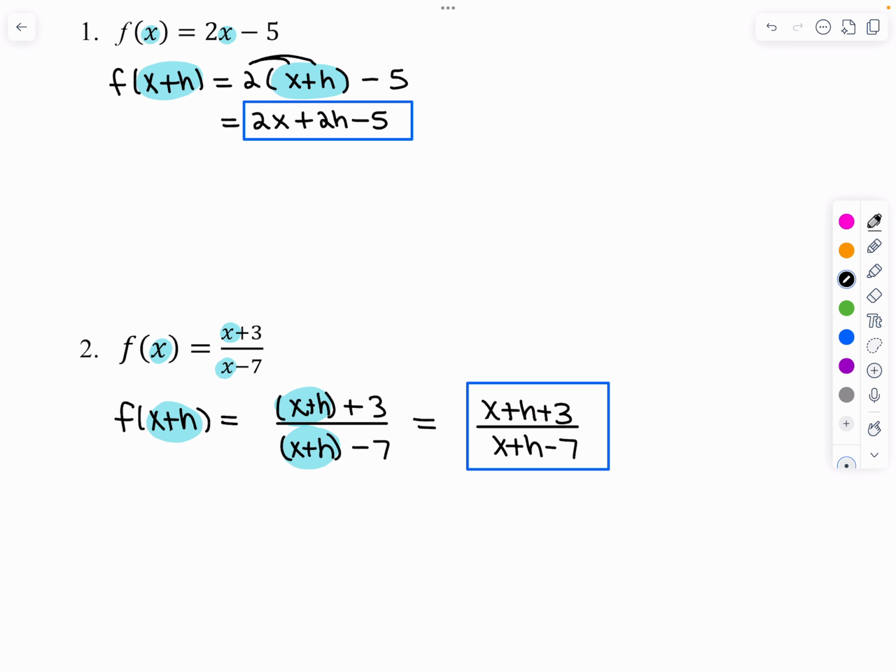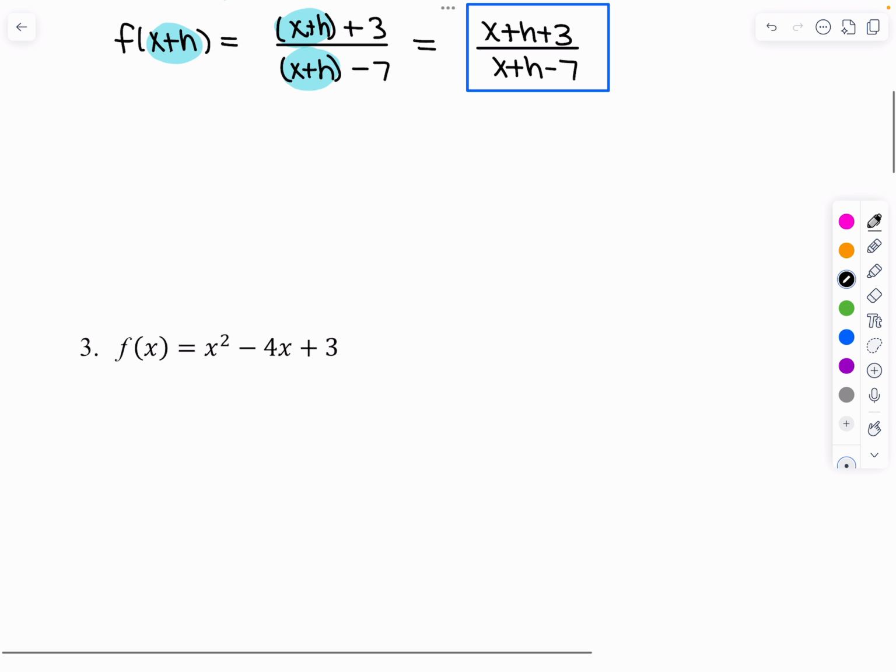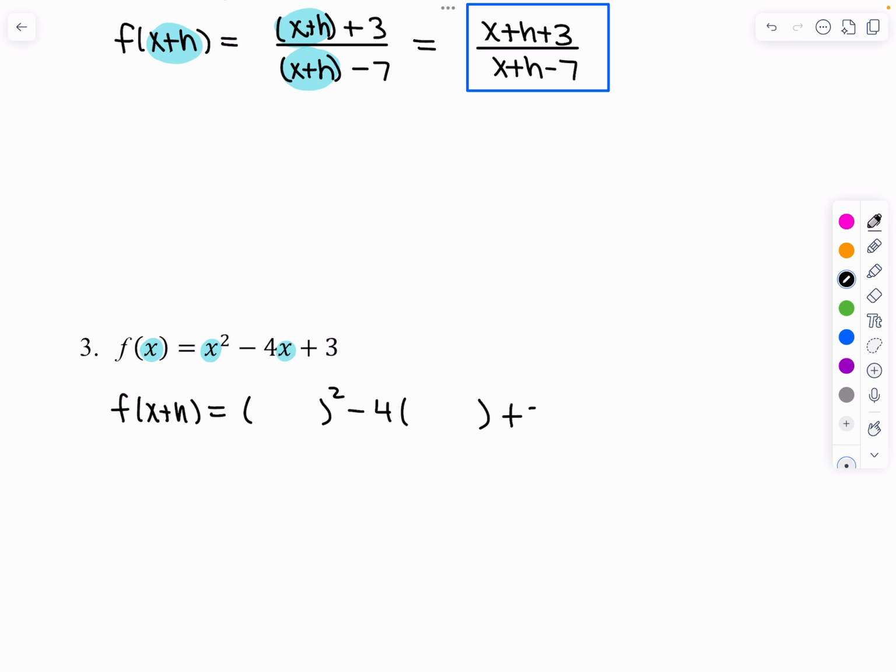And then for the last one, again, we're going to try to evaluate f of x plus h. And in this question, we have x in a couple of places. First thing is it's being squared. So when I go to plug this in, input squared, then it's being multiplied by -4, and then a 3 constant term is being added. So x plus h squared minus 4 times x plus h plus 3.